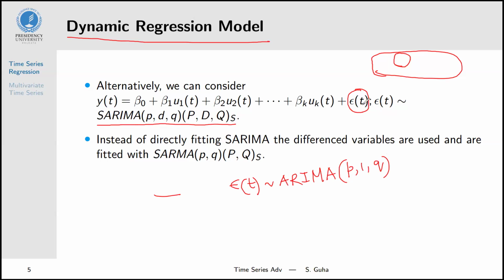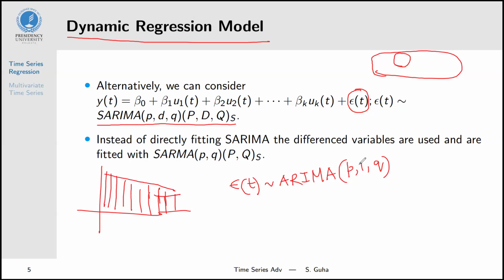So that means this error part is not really an ARMA model. If you look into the autocorrelation of this error part, it will be decaying very slowly. Of course it will decay, but it will decay very slowly. So it is not an ARMA model, it must be an ARIMA model.